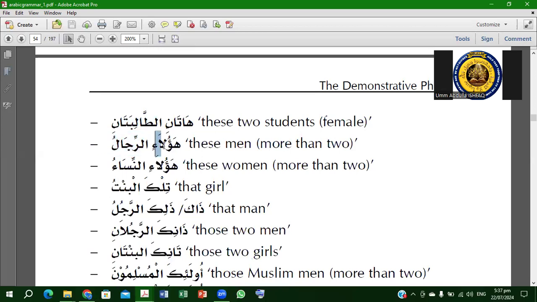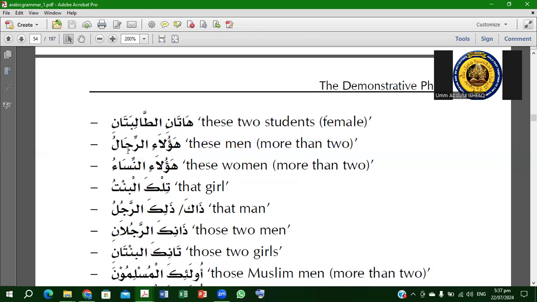الرجال is plural. So isme ishara also should be plural. Haulai, right? Remember, haza's plural is haulai. So if haulai is plural, then ar-rijalu should be plural. These men, okay? Haulai is also the same for female and male; this is the same isme ishara for plural.